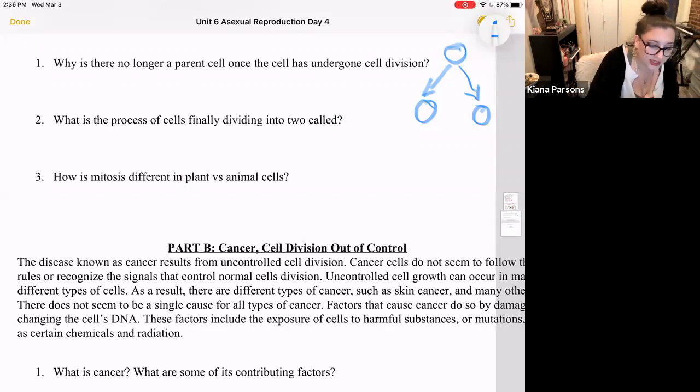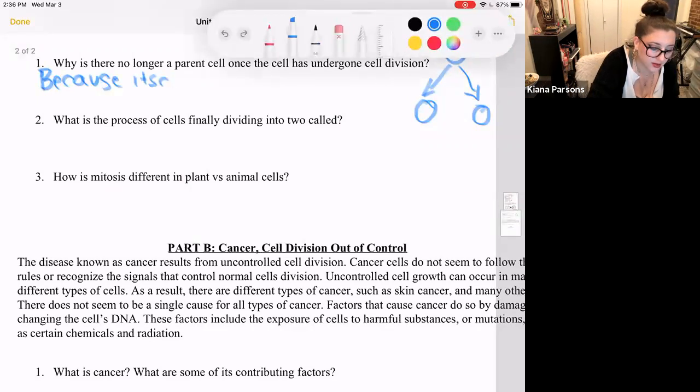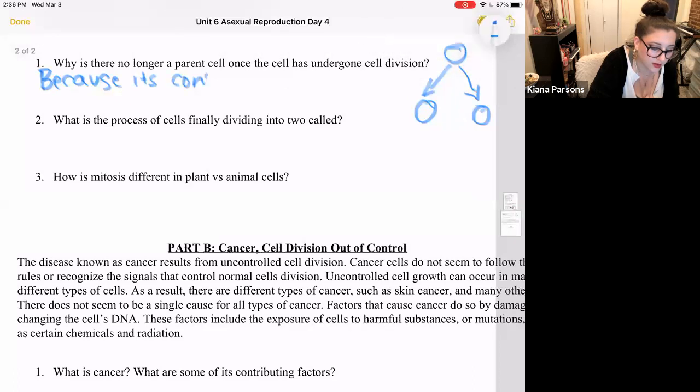Why does it no longer exist? Because its contents are contained fully in the two identical daughter cells.